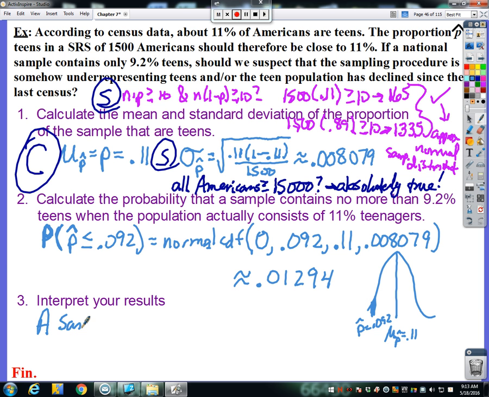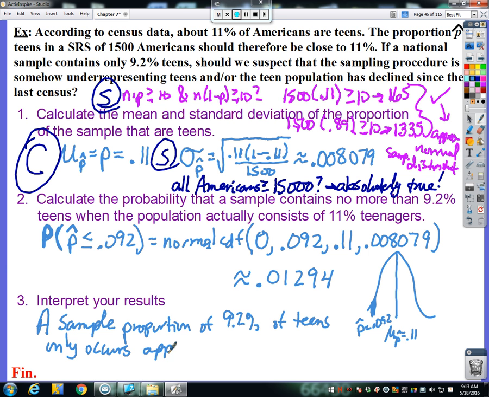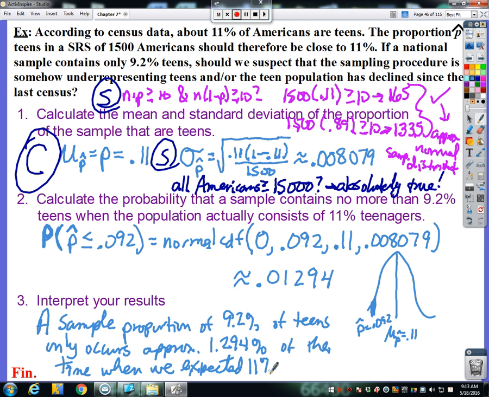A sample proportion of 9.2% of teens only occurs approximately 1.294% of the time when we expected 11% to be teens.